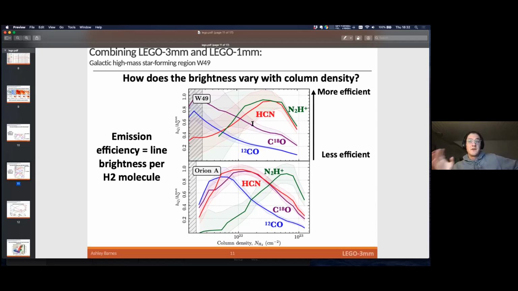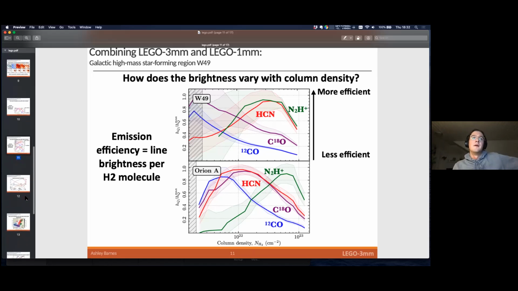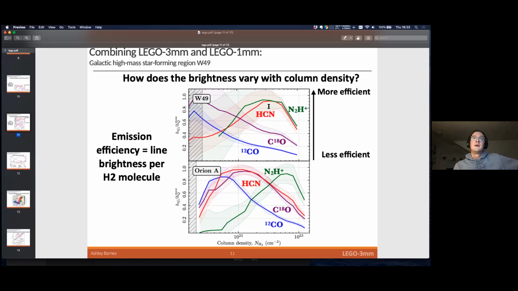So it's very interesting that they are different, but it's also very interesting that they're even remotely the same, because you've got so much confusion towards W49. The star formation conditions are completely different. So it was really interesting that we even recovered these trends to begin with. Back to the picture in W49, we see that the N2H+ and the HCN are somewhat similar.